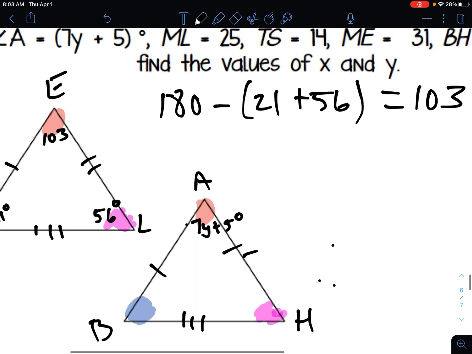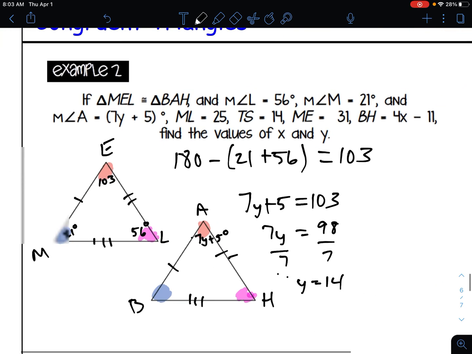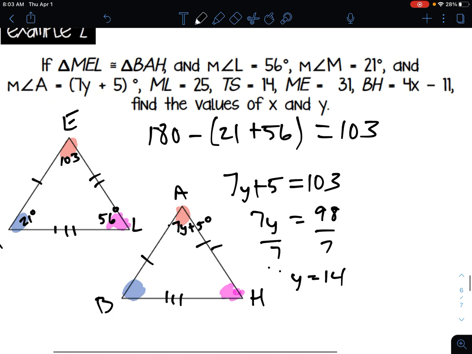Right, add the two together, subtract from 180. So now my equation is going to be 7y plus 5 is the same degree measure as 103. And then we can go through and do our math. Subtract the 5, divide by the 7, and you get y is equal to 14.